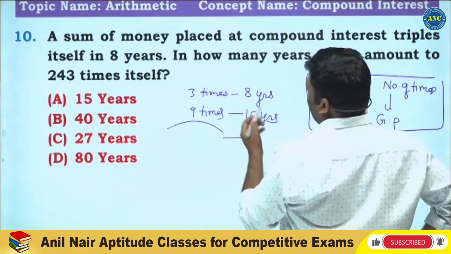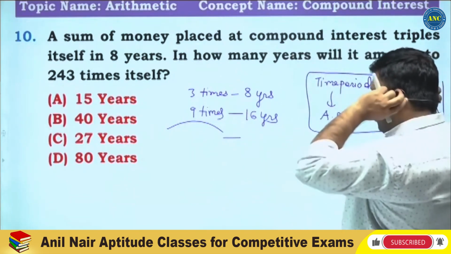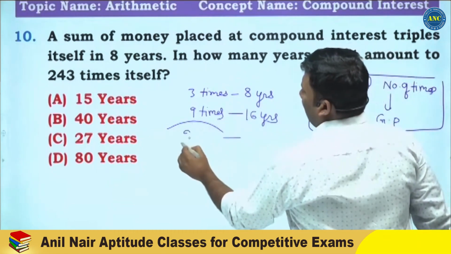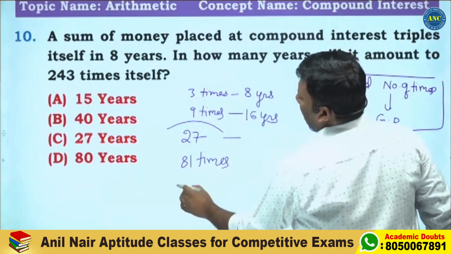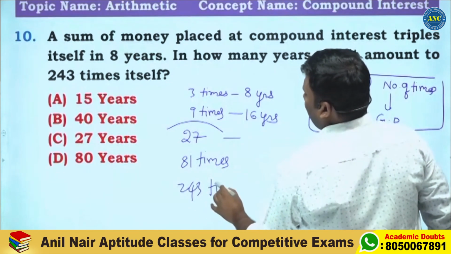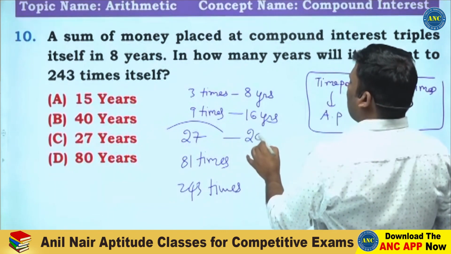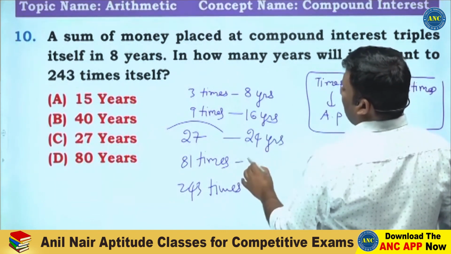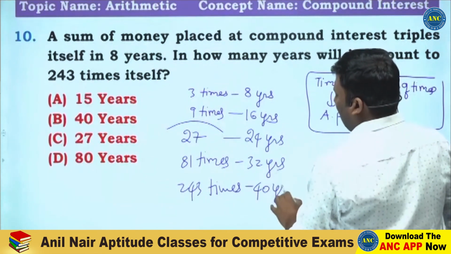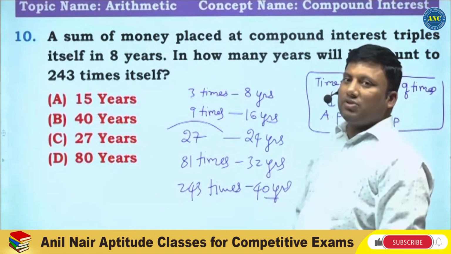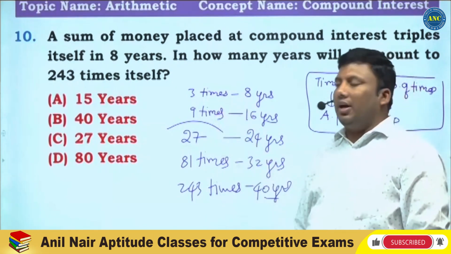Again, 3 cubed is 27, then 81 times, and then 243 times, at 8, 16, 24, 32 and 40 years. Very easy question.